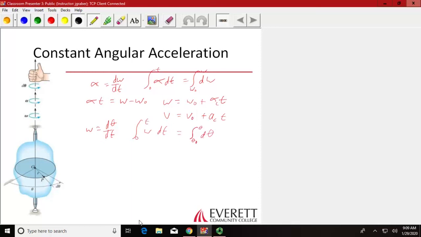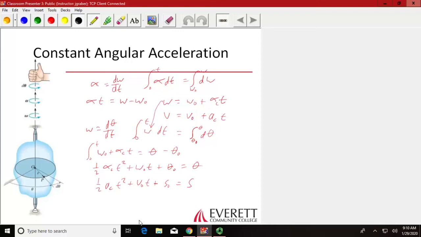Now I plug in the equation that I've already solved for omega, and I end up with the integral of omega naught plus alpha c times t from 0 to t is equal to theta minus theta naught, and that turns out to be 1/2 alpha c t squared plus omega naught t plus theta naught equals theta. Hopefully that reminds you of the equation 1/2 ac t squared plus v naught t plus s naught equals position.